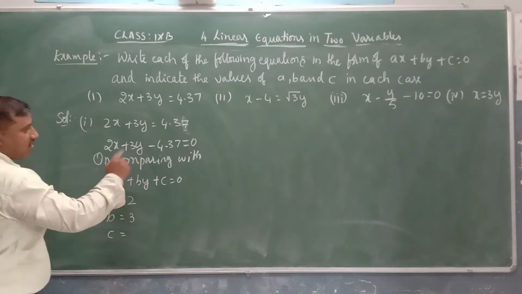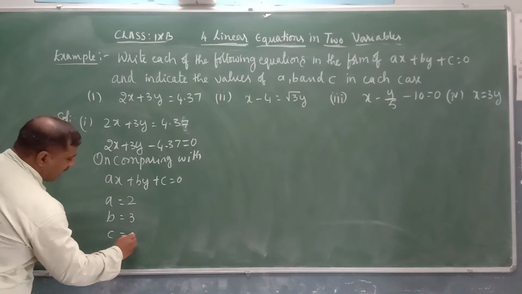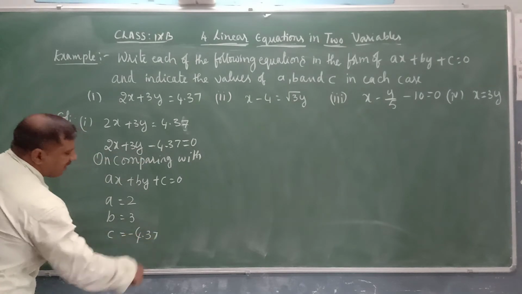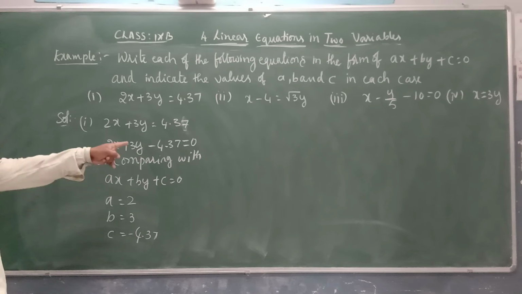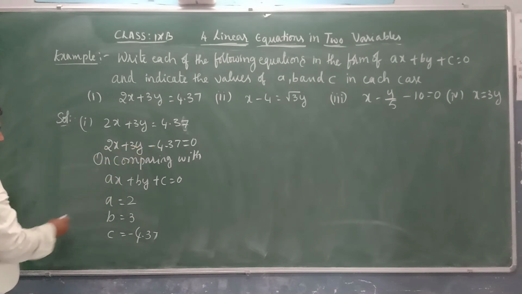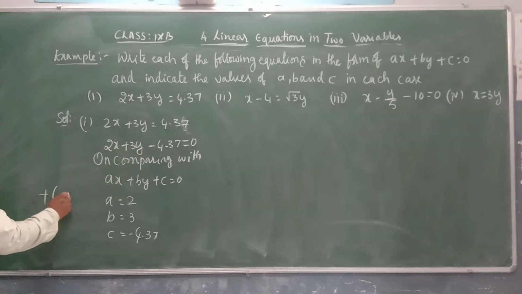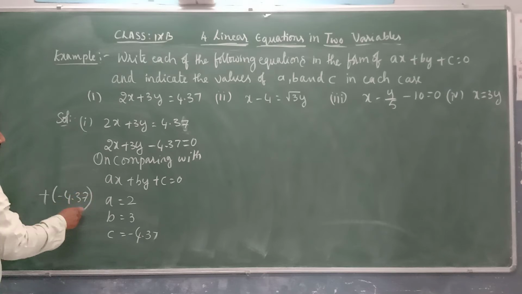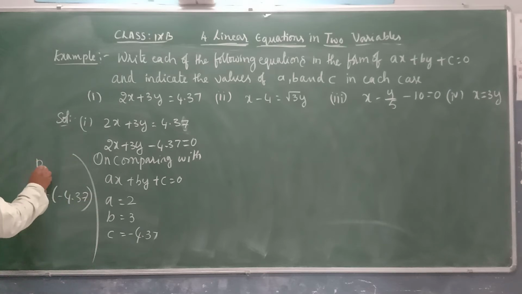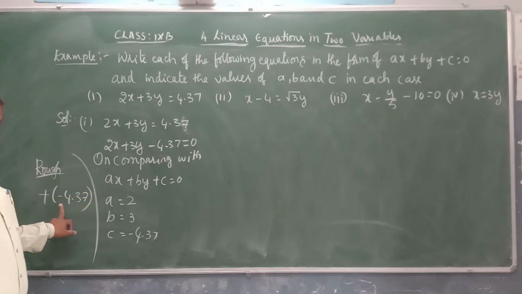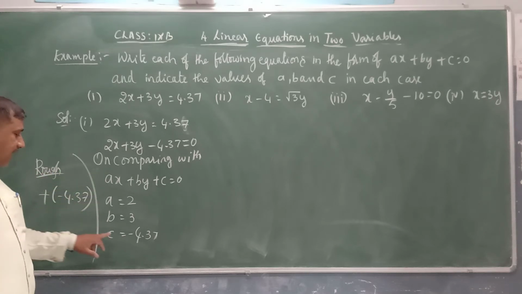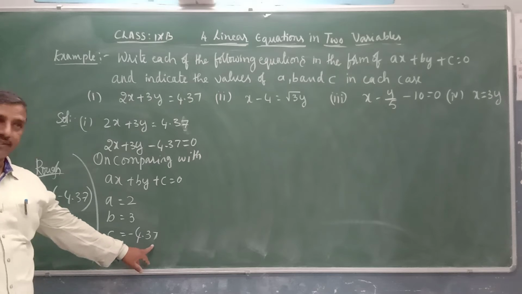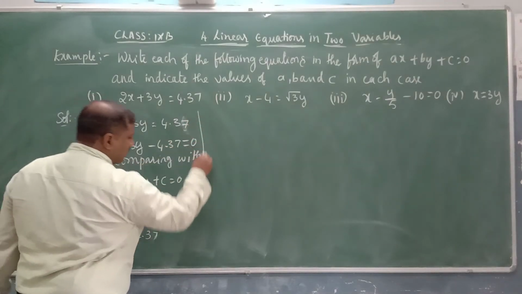C is equal to the constant, here it is minus 4.37. It is plus of minus 4.37. So here the value of c is minus 4.37.